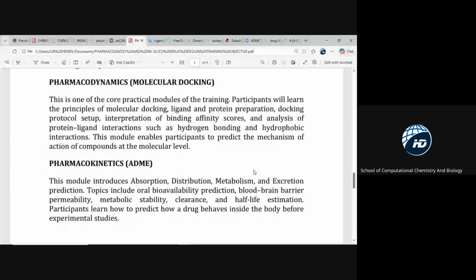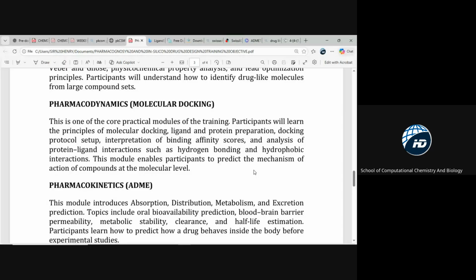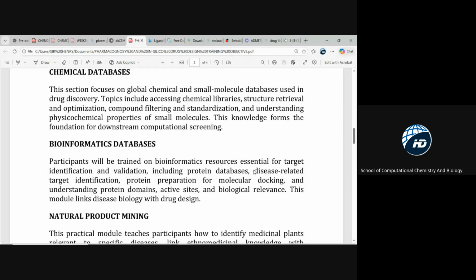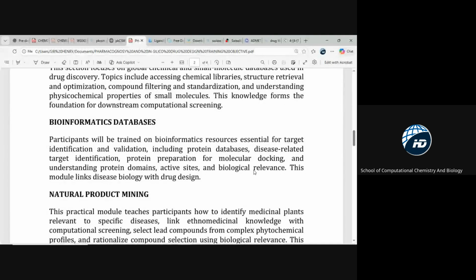It won't be a problem for us. Bioinformatics is very deep, so we'll just pick the part that concerns us. I will see a way of rounding everything off by next week.